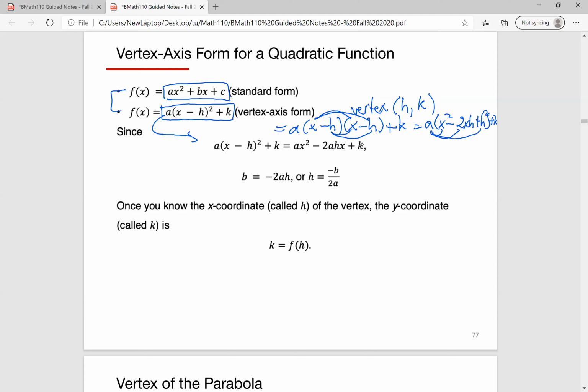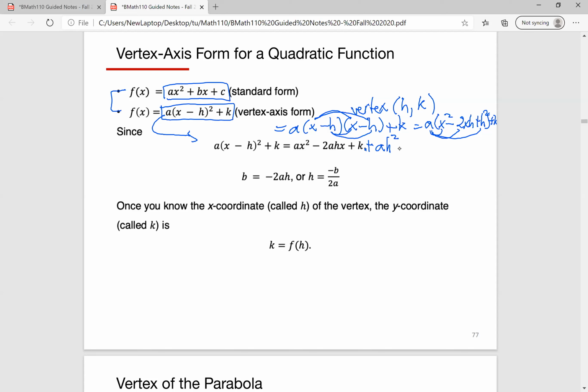So I'm going to say plus ah squared. Remember this missing a term. So you're going to have ax squared minus 2ahx plus ah squared plus k.